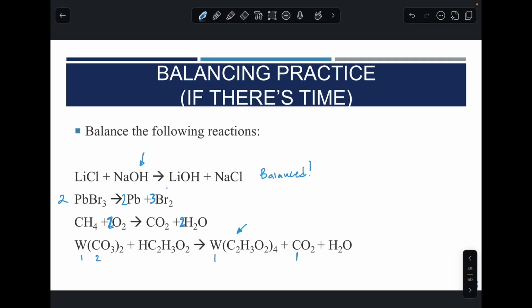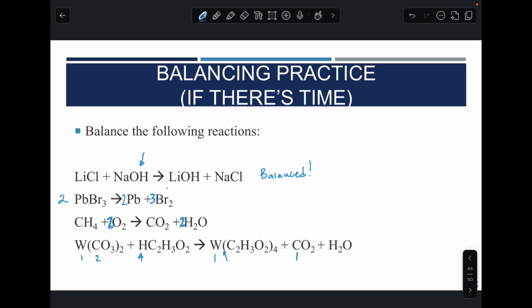So C2H3O2, this is the ratio of atoms, and it stays together on the other side. So we know that all of the C2H3O2 that ends up bound to this tungsten is going to come directly from the C2H3O2 that has this H out here. And so you might be wondering, if you have C2H3O2, what is that? Why is this H out here?